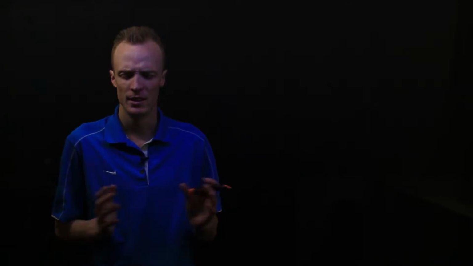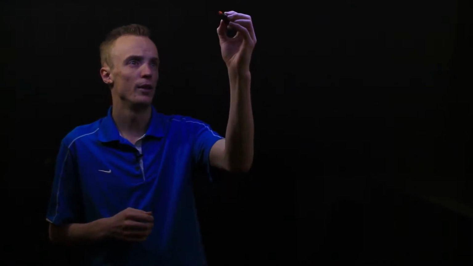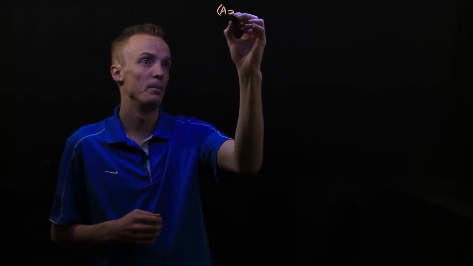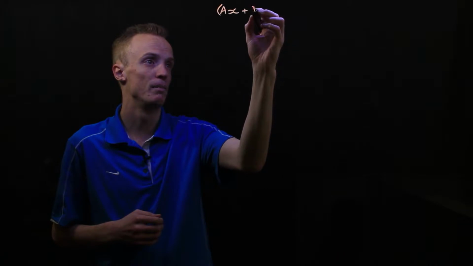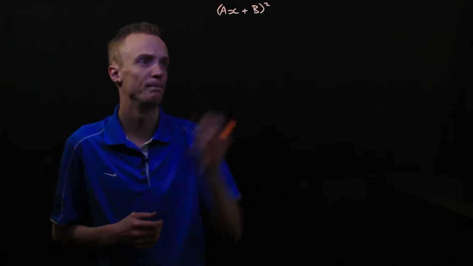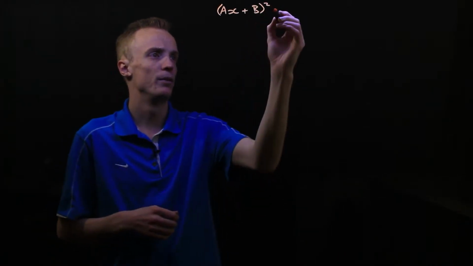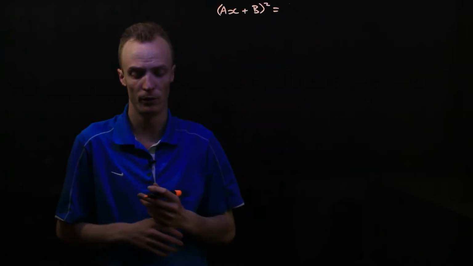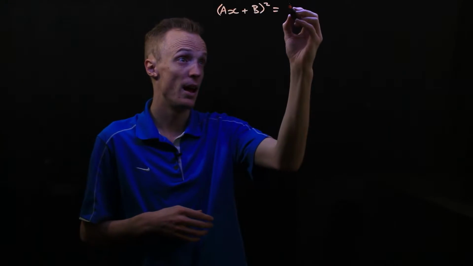Let's now take a look at some special situations when we're factorising these quadratics, starting with the perfect square. Now, you might remember from expansion that the rule for expanding perfect squares, if we had the binomial (ax + b) all squared, was the equivalent of (ax + b) times itself, which you can multiply out using FOIL.